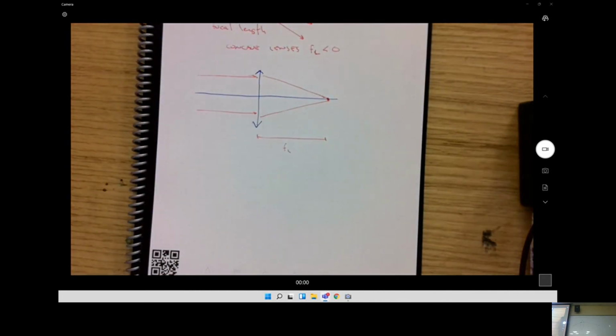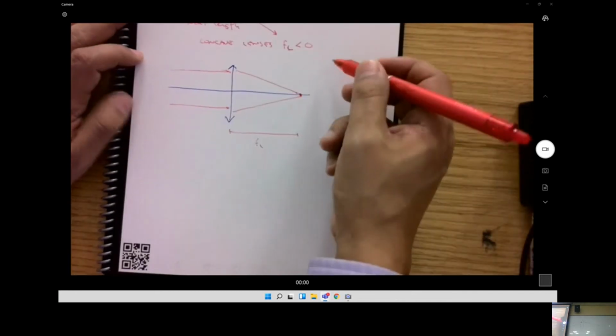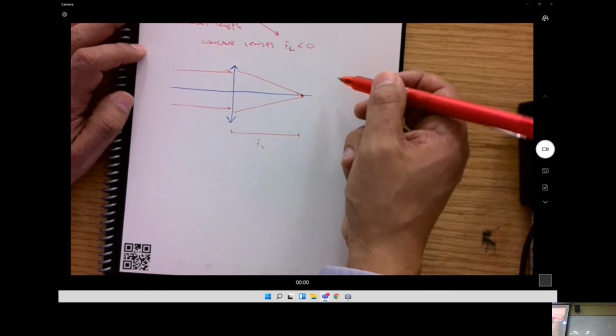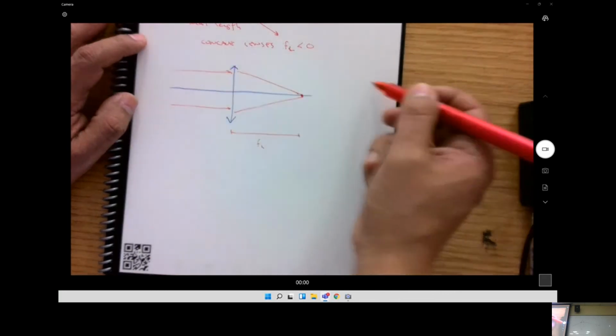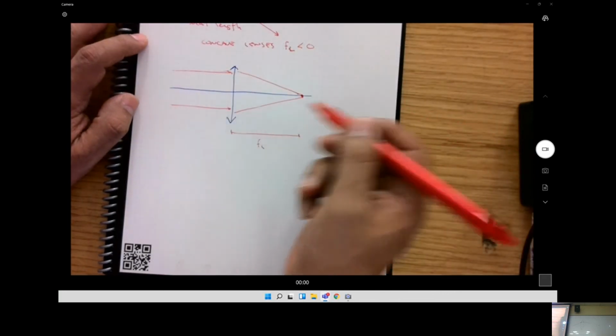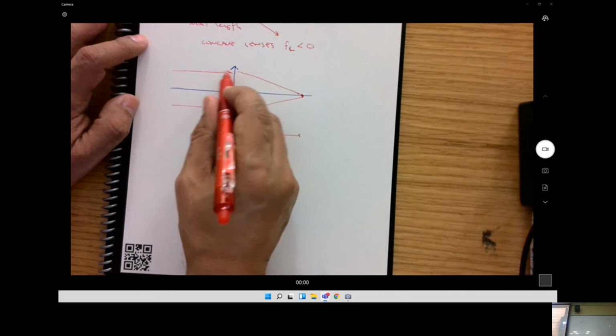I can flip my lens, and it wouldn't matter. The focal length will be the same. Or I can have my light coming from right to left in the opposite direction, and if it's parallel, the same thing is going to happen.